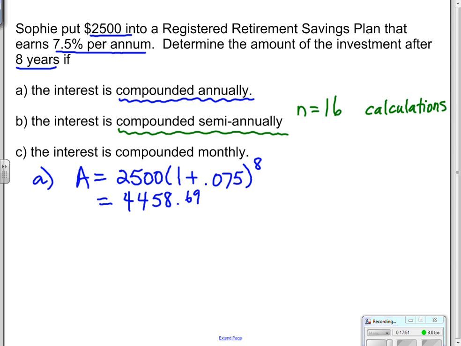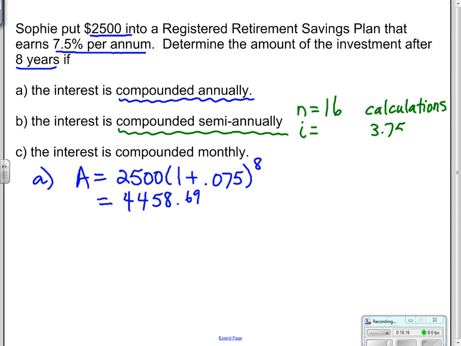So twice a year, 16 times they're going to figure out your interest. It also changes your interest. If you have 7.5% per year, they're going to give you half of that every semi-annual calculation.